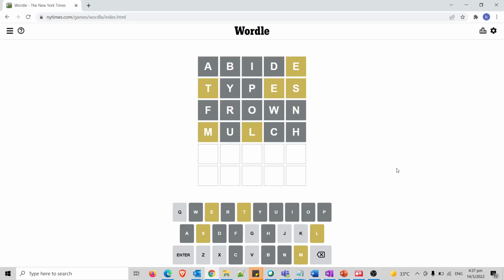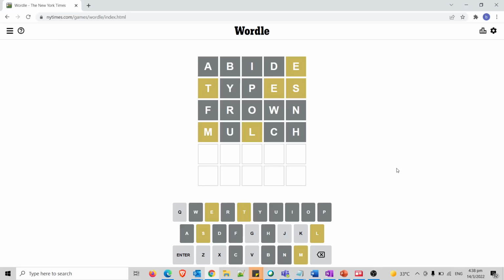So first, let's try to find the word with our guess. After using these four words, the first step is to guess the word. So we have S, E, T, L, and M. We can have S, M, E, L, and T, smelt.